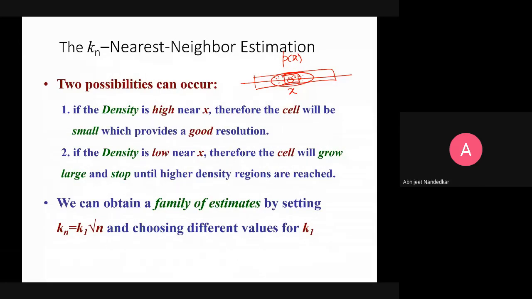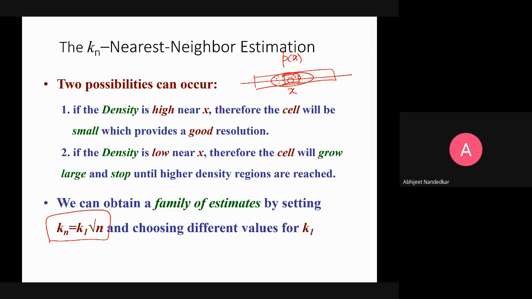Okay, so higher density will give you more accurate results. But it is not in our hands how many samples will be provided to us. So it should be remembered that this is going to happen with this method. So we can obtain a family of estimates by setting kn equal to k1 into square root n.